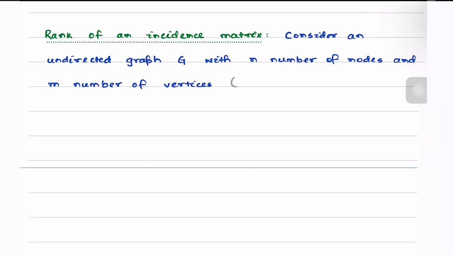Meaning, if we define G as V comma E, then M is equal to the cardinality of the edge set, N is equal to the cardinality of the vertex set. This is what is given to us.